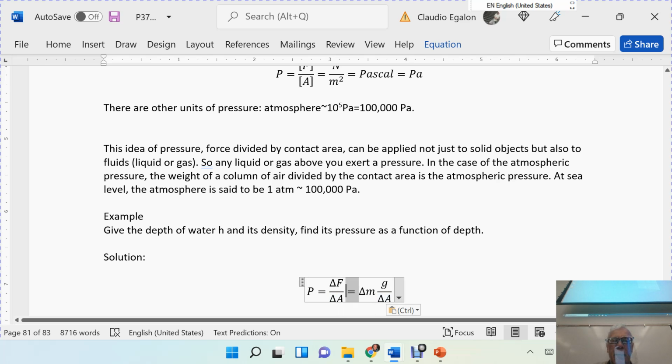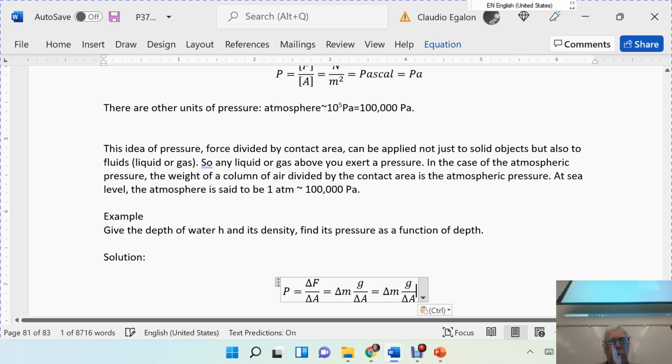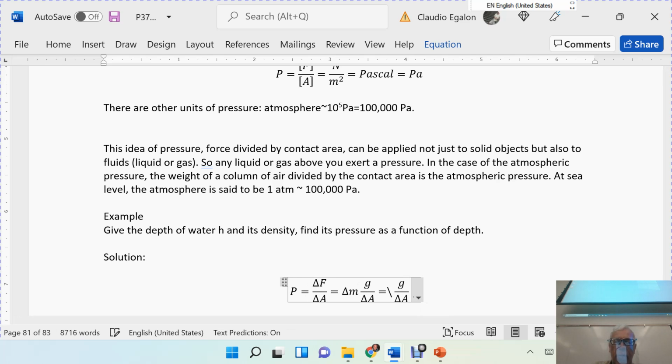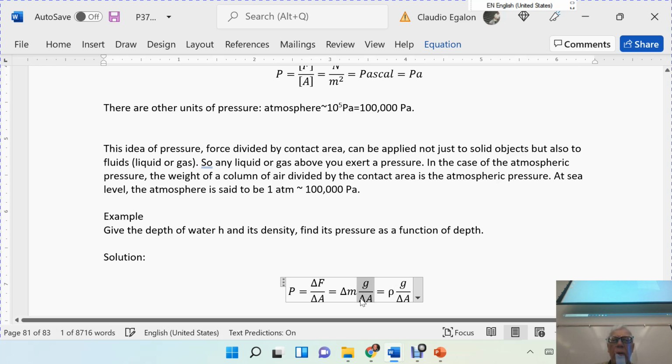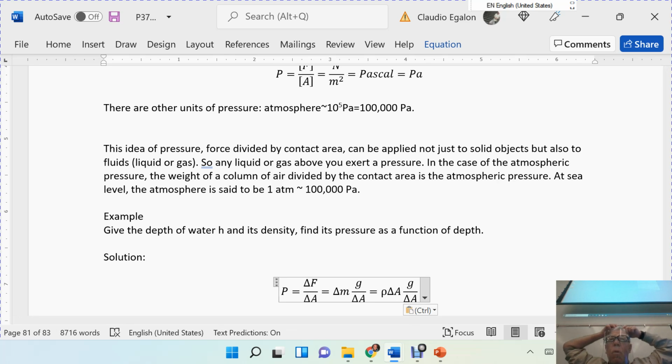So there is a little mathematical trick that simplifies our equations, and it is related to the mass. The mass can be written as the density of the water times the water volume, delta V. Remember, it's a big cylinder above us.